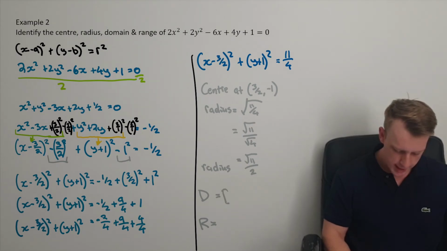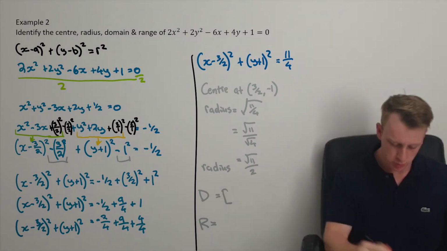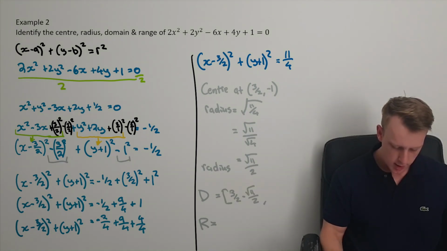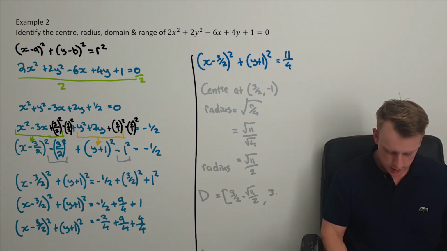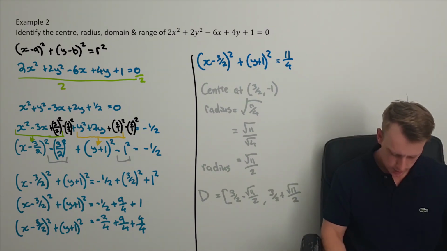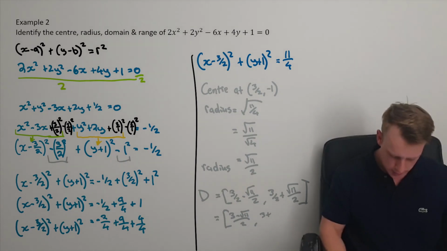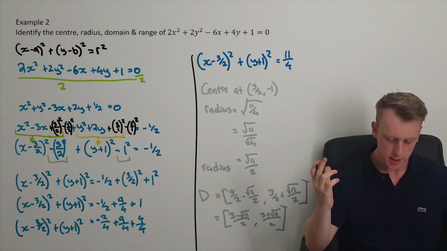So in our domain is our x center point, which is 3 on 2, subtract the radius, and then the end bound is 3 on 2 plus the radius. Okay, we can simplify that. So we've got a domain of 3 minus root 11 on 2, and then 3 plus root 11 on 2. So that would be our stated domain.